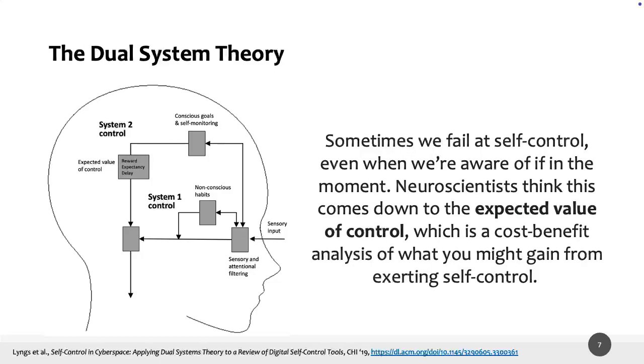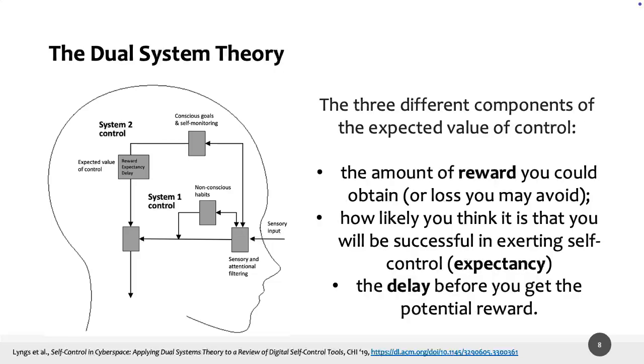Of course, sometimes we fail in doing that, and neuroscientists relate this to what they call the expected value of control, which is basically a cost-benefit analysis of what you might gain or lose from exercising self-control. Let's make some examples, but first of all, there are three different components related to the expected value of control.